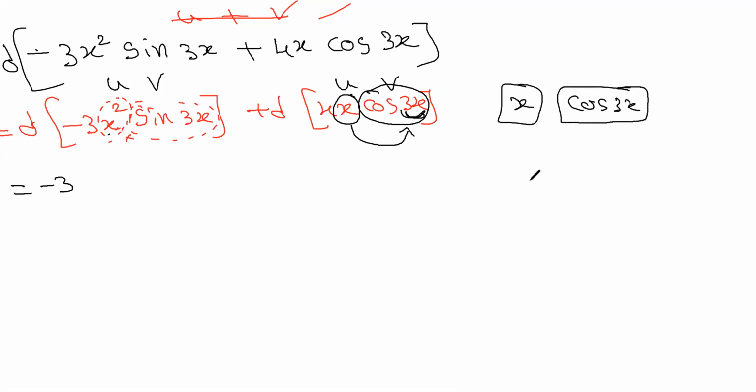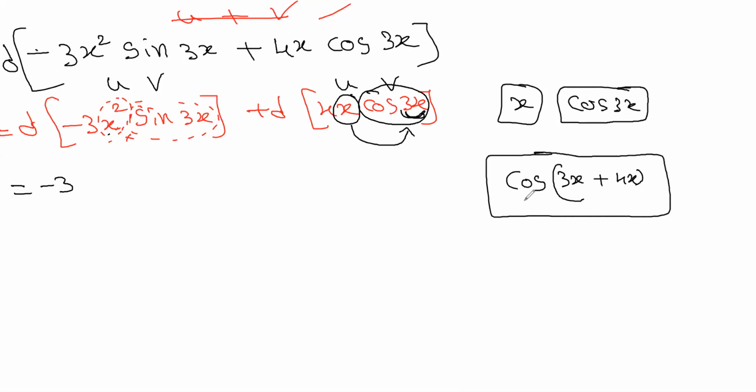You can multiply anything within the boundaries, not outside the boundaries. If it is like cos of 3x plus 4x in the bracket itself, this total thing is one boundary, because it is cos of this theta. You can add these two or multiply these two depending upon the sign. But when there is x over here, this becomes a separate boundary. You can't send this x to inside.